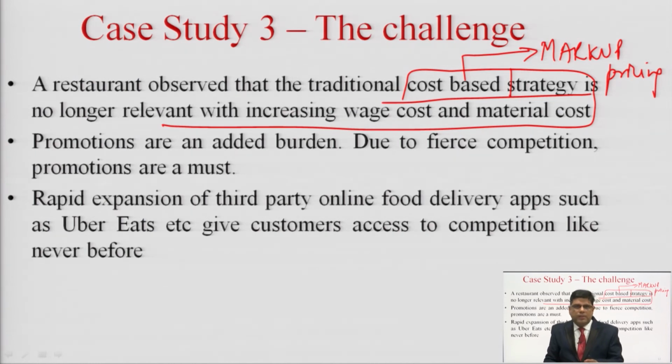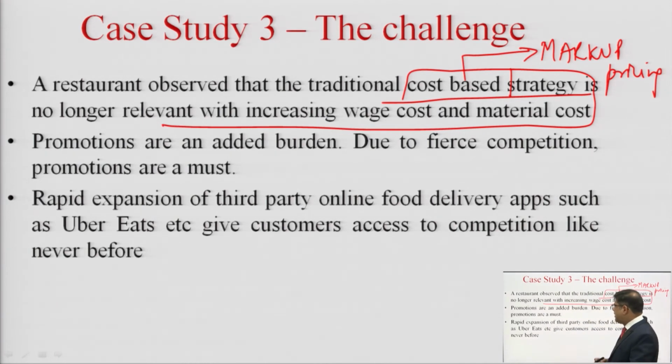But it observed that because the wages have been revised and because the prices of the cooking material have increased, this markup pricing was not working anymore, and therefore, it was looking for a new pricing strategy in order to sustain itself, in order to earn decent profits to operate in the longer run.